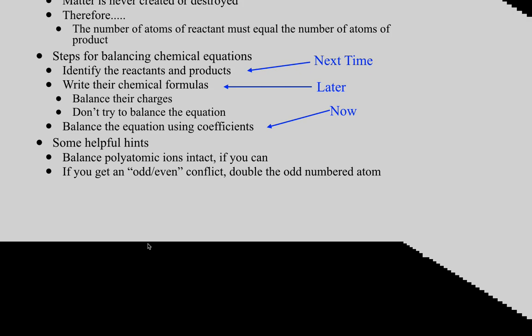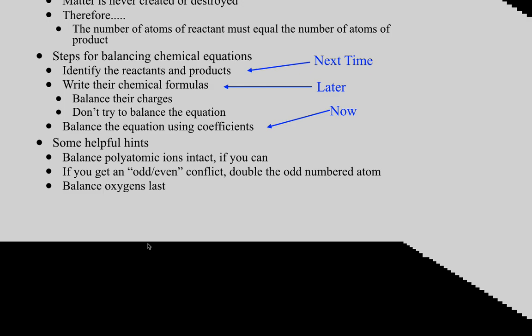The math gods have allowed that if you have an odd number and you want to make it an even number, all you have to do is multiply it by 2, and that always makes your odd number even. So if you have an odd-even conflict, find the source of the odd number, double it, and then it magically becomes an even number, and things tend to balance more easily.